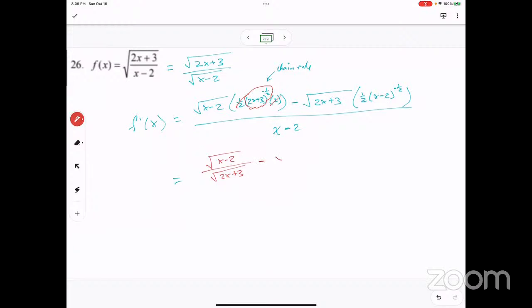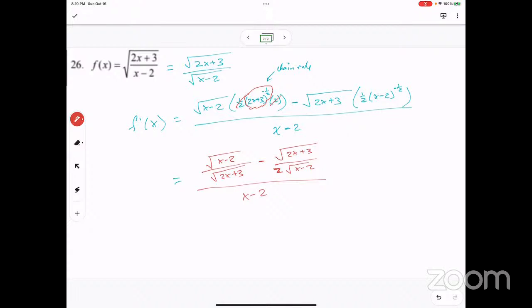Minus the square root of 2x plus 3 all over the square root of x minus 2, and this has a 1/2, so I could write just a 1/2 up there. I have to write the 1 on the top, but that 2 would stay in the bottom with that. See how I'm doing that? Again, algebra is the important part of calculus. The tricky part often of calculus is algebra.